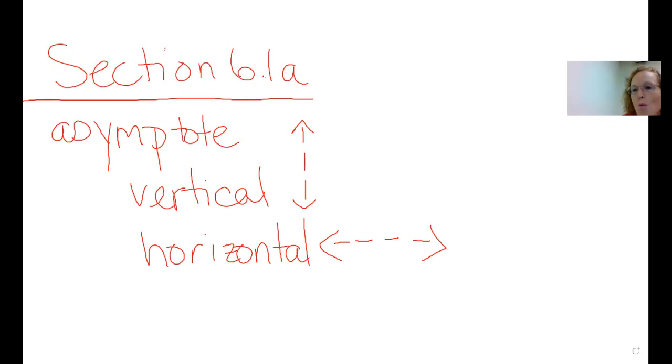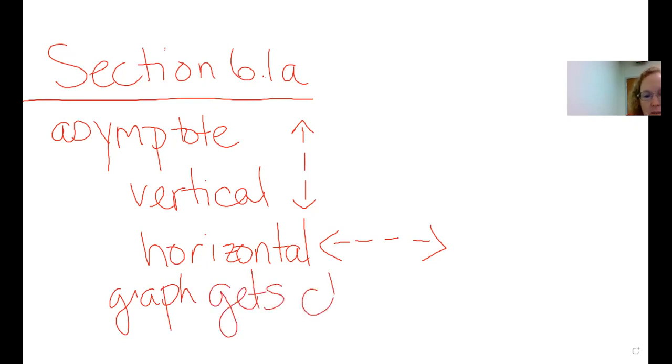Typically, what happens on an asymptote is a graph gets very close to the asymptote, but doesn't usually cross it.